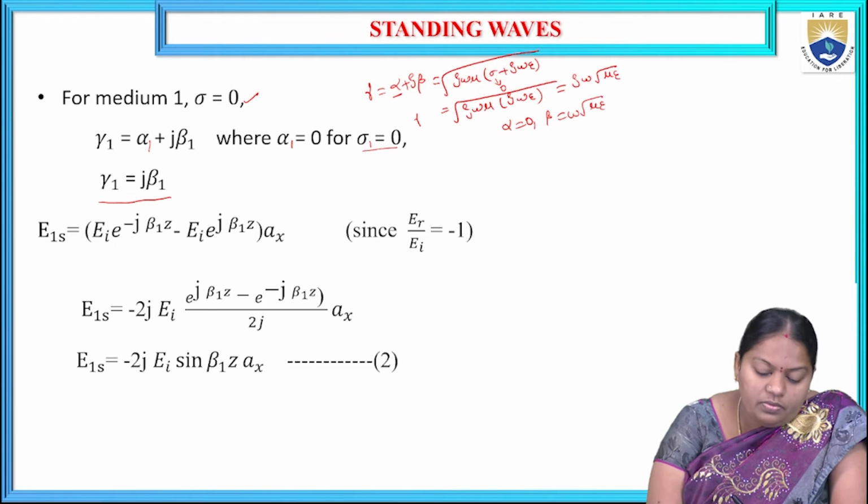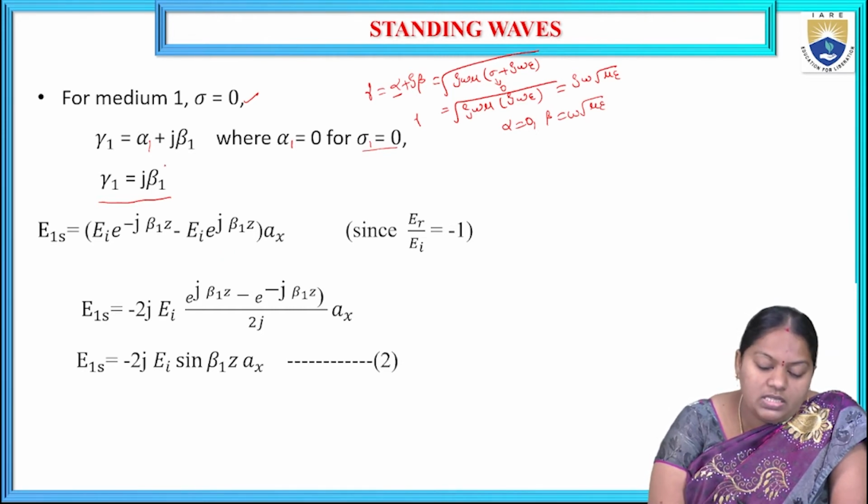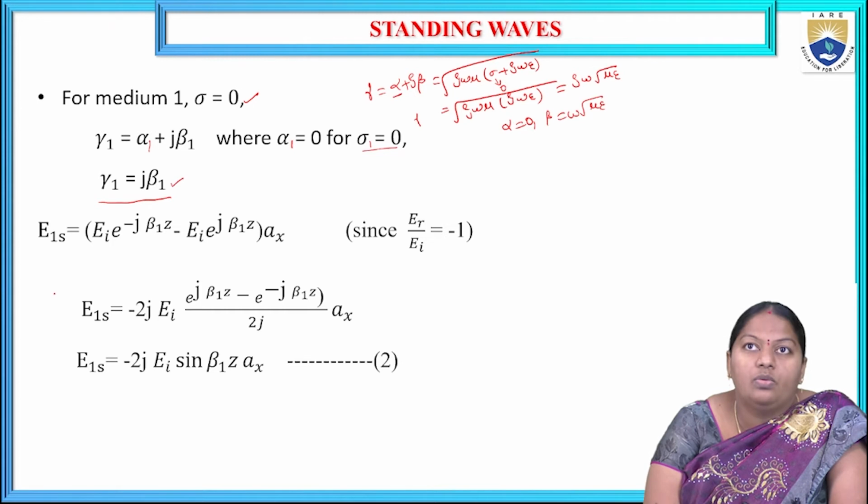So previously what we have written, E1 is equal to E_I plus E_R equal to E_I e^(-γ1 z) plus E_R e^(γ1 z). Now we are replacing γ1 by jβ1, right? So E_I e^(-jβ1 z) minus E_I e^(jβ1 z) into a_x.